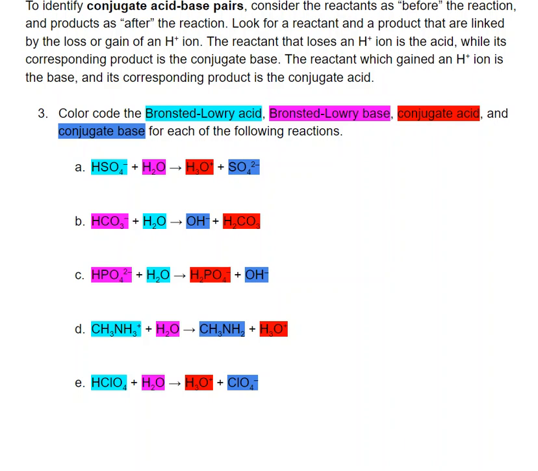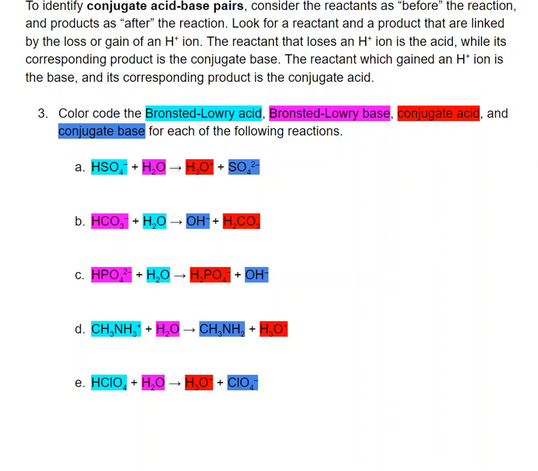The reactant which gained an H+ ion is the base, and its corresponding product is then the conjugate acid. In this first example, HSO4- and SO4 2- are related by the loss of an H+. So this is an acid, this is my conjugate base, this is my base and my conjugate acid.